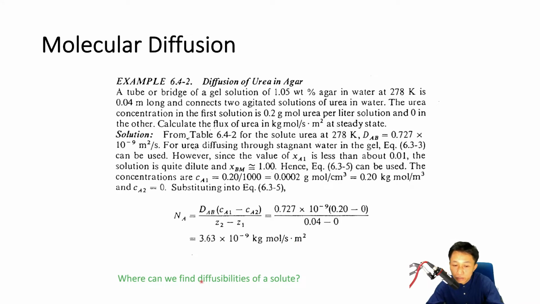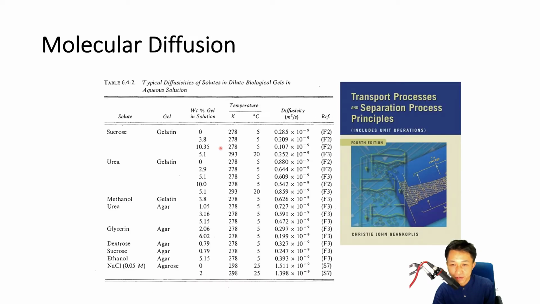And the other question is, how can we find this diffusivity? Simple question. The simple answer is, well, we look from the book, and this one is Transport Processes and Separation Process Principles from the writer here. And then we have the solute, the gel, many things, agarose and percent, and we have temperature, and then there is diffusivity, typical solutes in biological gel and aqueous.